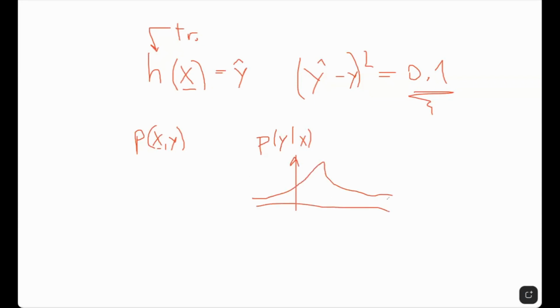And this distribution might look like this. It concentrates around some value, let's call it y0, and it has a variation. Typically, in general, this distribution will not be perfectly localized. So for the same feature values, we have different possible labels.